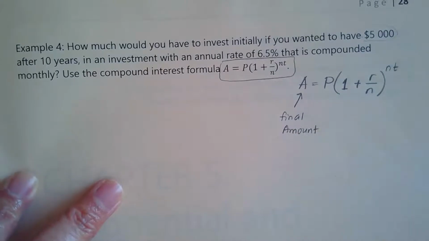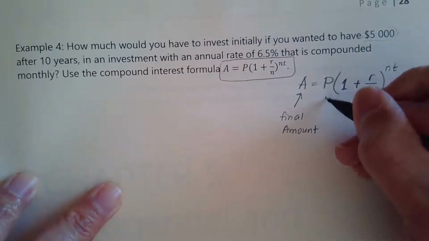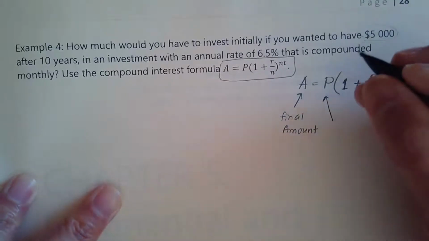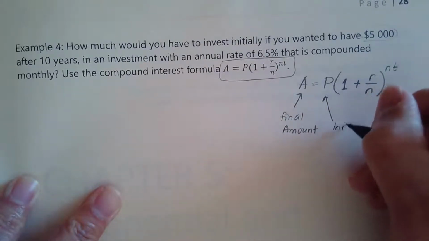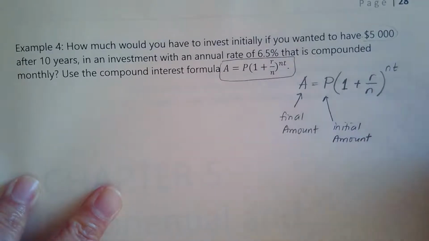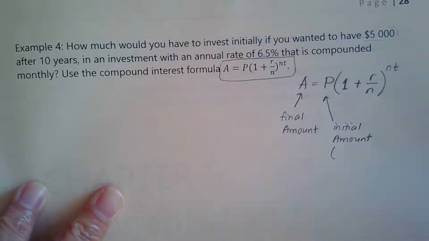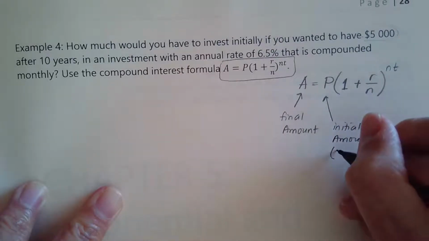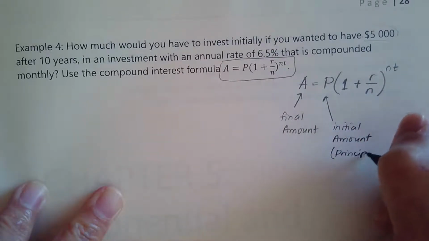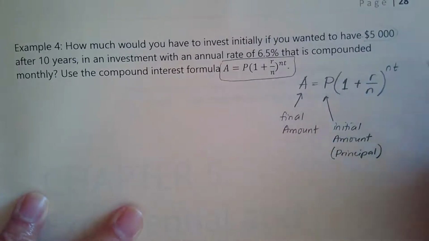or sometimes called future amount, what you want it to be in the future. P is the initial amount. Okay, and P here in terms of money is called the principal amount. And 1 is just 1.